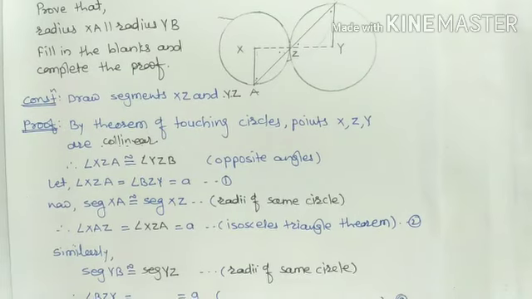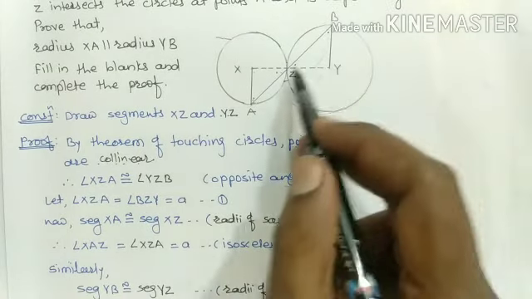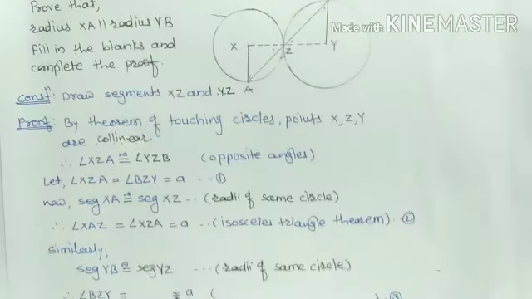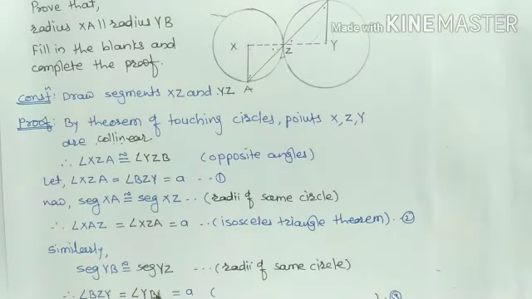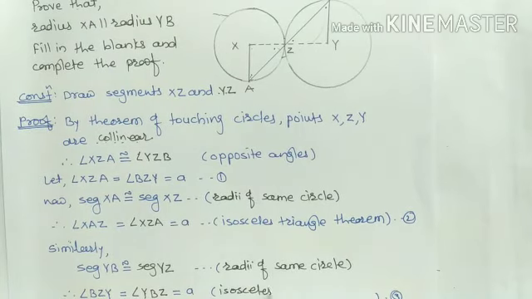And therefore angle BZY equals angle YBZ equals a. The reason is the isosceles triangle theorem.